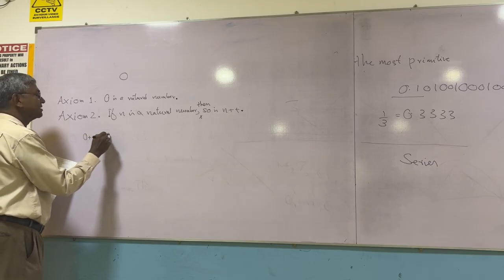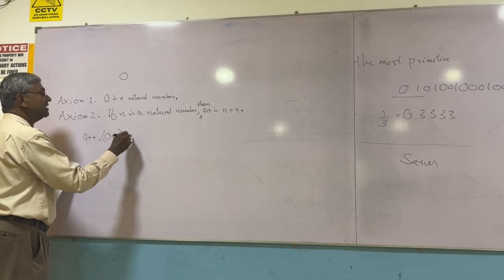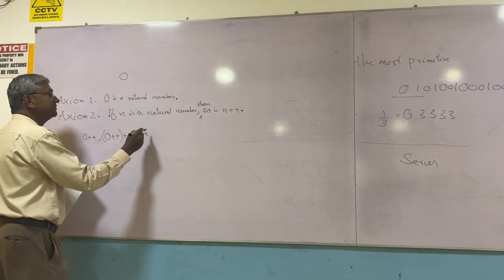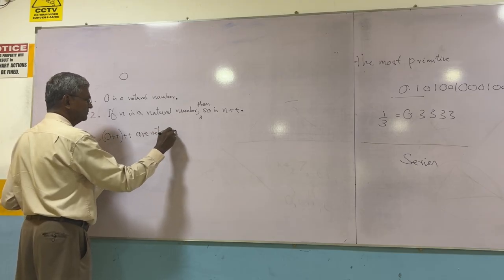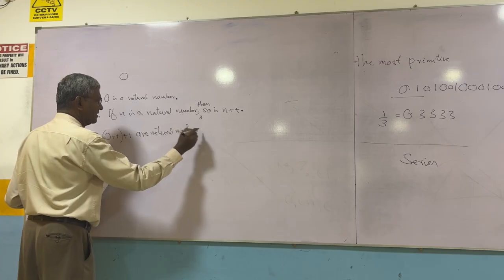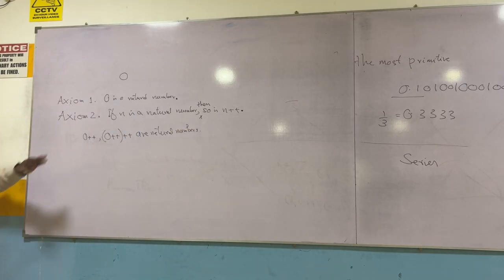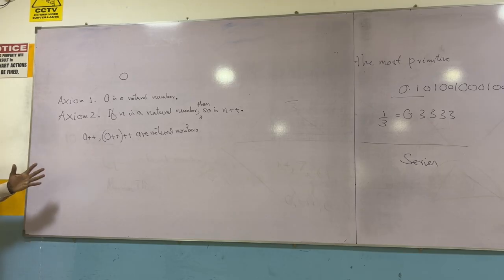Then 0 plus plus plus plus are natural numbers. So now, what is the most important thing? You have two axioms. 0 is a natural number. You agree with that. Then, if n is a natural number, then so is n plus plus.